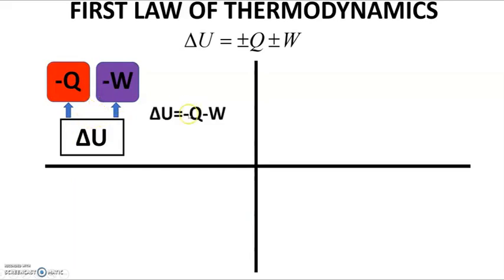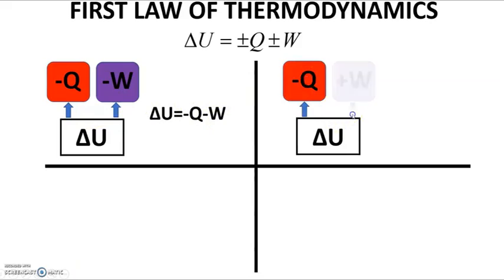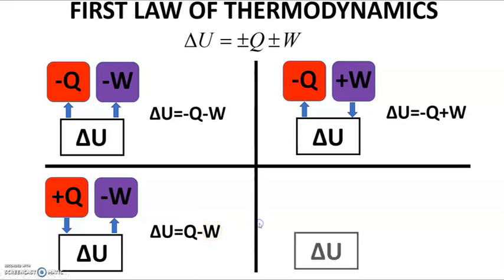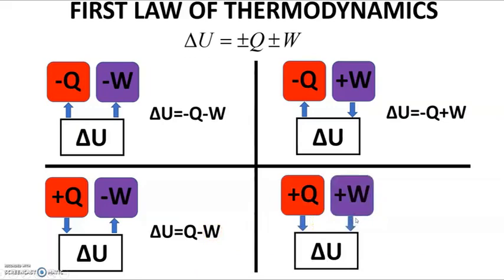So we have change of U equal to negative Q minus W. For heat is lost, negative, and work is done on the system, we have change of U equal to negative Q plus W. For heat is added on the system, so Q plus, and work is done by the system, we have change of U equal Q minus W. And lastly, for heat is added and work is done on the system, we have change of U equal to Q plus W. Please note that here the sign for both the heat and work, the plus and minus, refers to whether energy is being added or removed from the system.